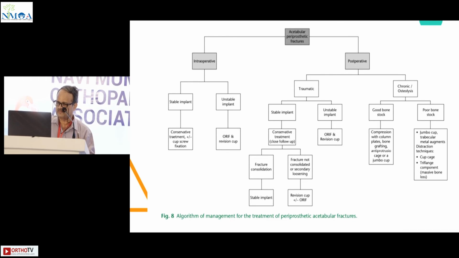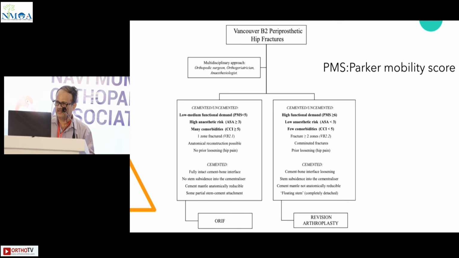Same thing exists for periacetabular and intraoperative fractures of the acetabulum. So that's the algorithm for the periprosthetic fracture. If you have a cemented or uncemented stem, we have to see whether the functional demand is less, there is a higher anesthesia risk, many comorbidities, only one zone fracture.